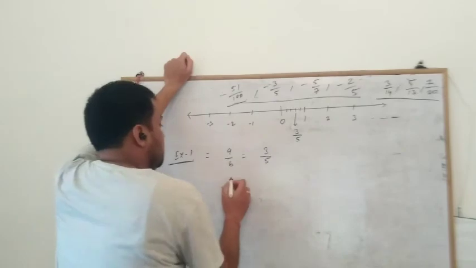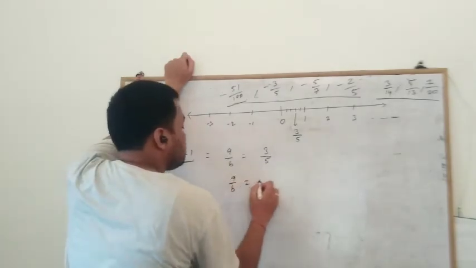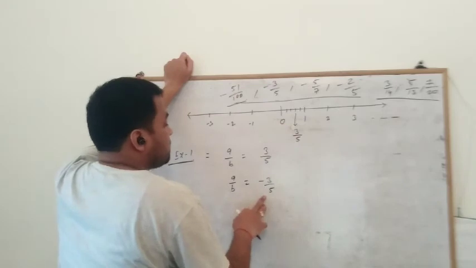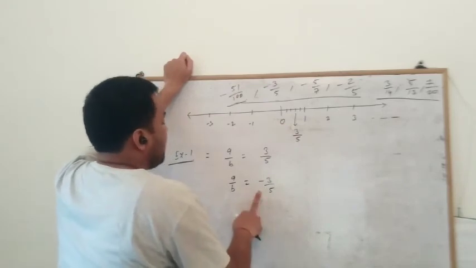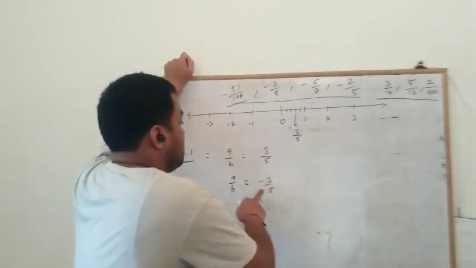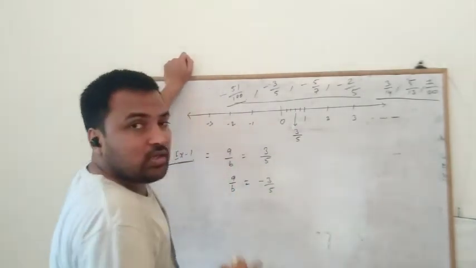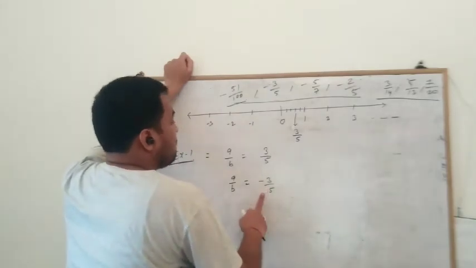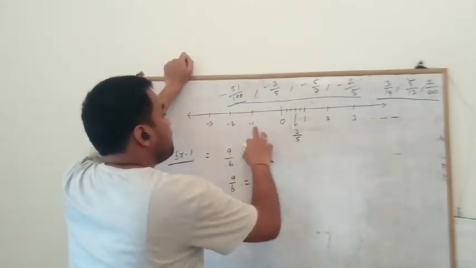Now similarly, if we take a by b equal to minus 3 by 5, how can we represent it? This is negative, and first we find the space where the rational number will be represented on the number line. We find that minus 3 by 5 will be represented between 0 and -1.